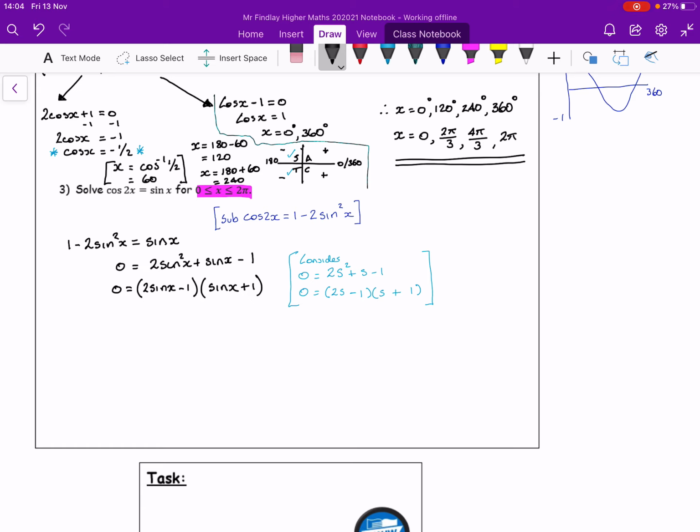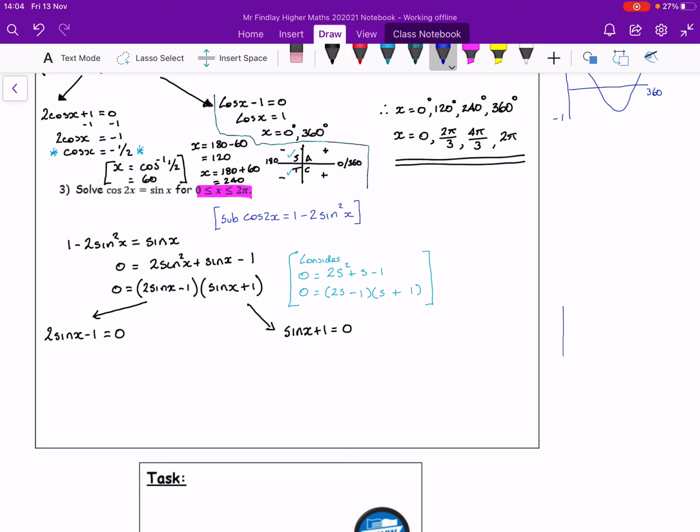Again, same situation. Once I've factorised, what I've got is going to create two different trig equations. First bracket equal to 0. Second bracket equal to 0.